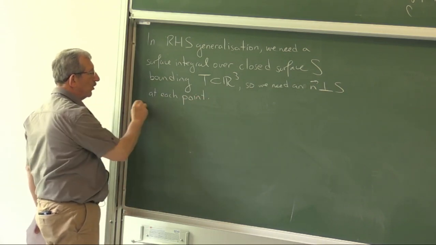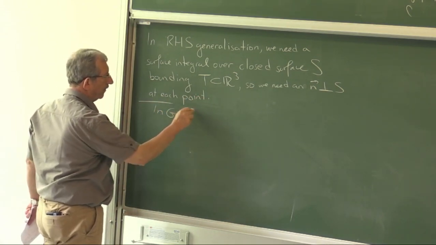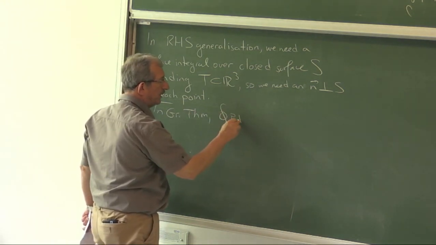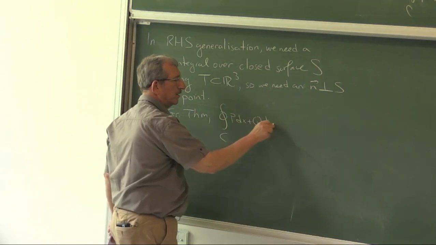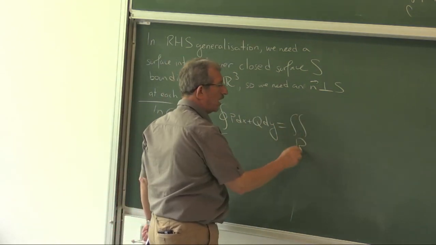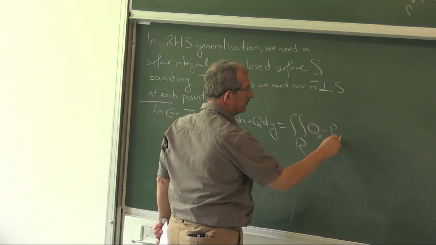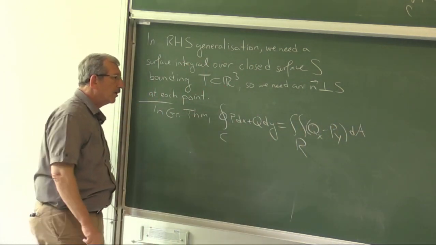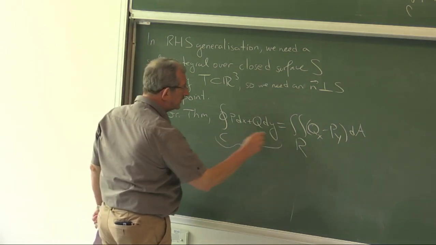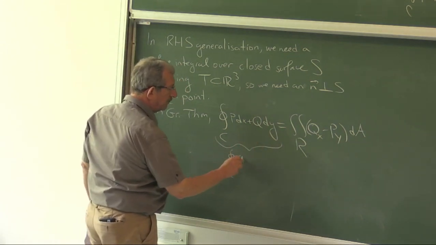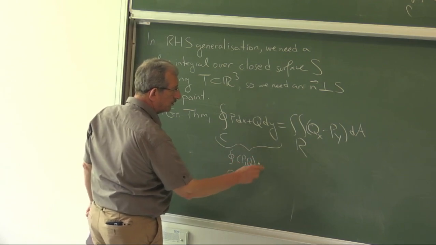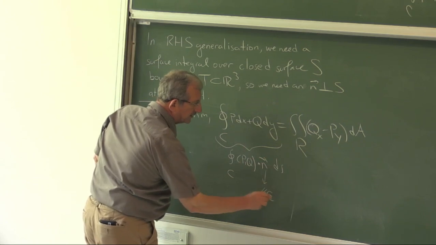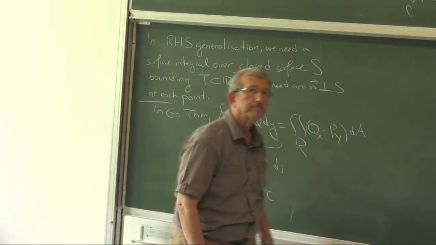So in Green's theorem again, we have C, P dx plus Q dy, which was the double integral over R of Q sub x minus P sub y dA. Now, we could write this as integral C PQ dot N ds, but N is parallel to C. We need perpendicular.